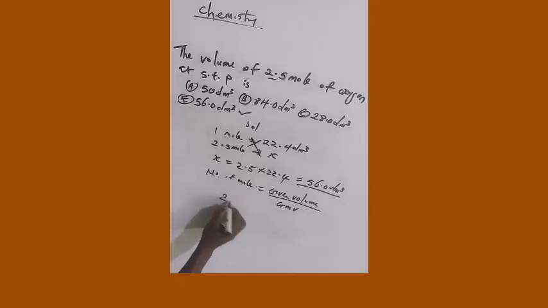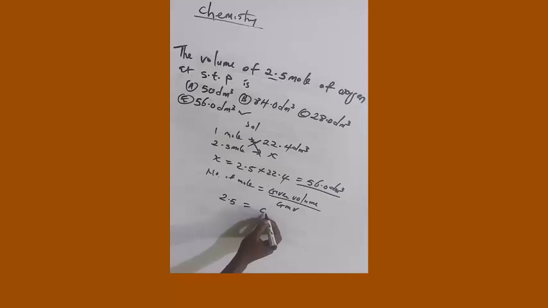Number of mole is already given to be 2.5. Given volume is what we are looking for, let's call it X, over gas molar volume, which is 22.4. So X is 22.4 times 2.5, which will still give you 56.0 dm cube.